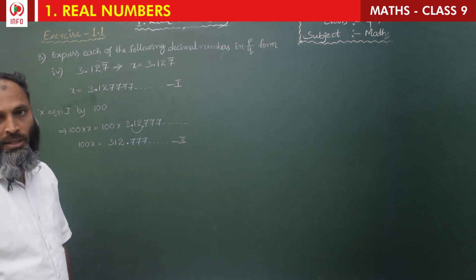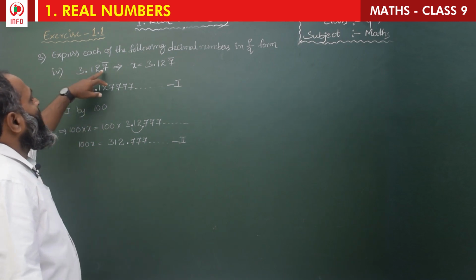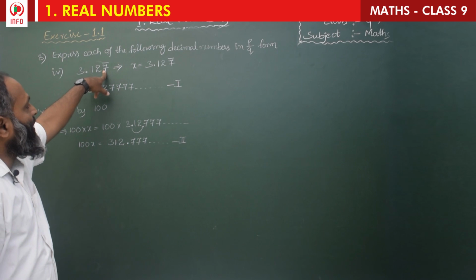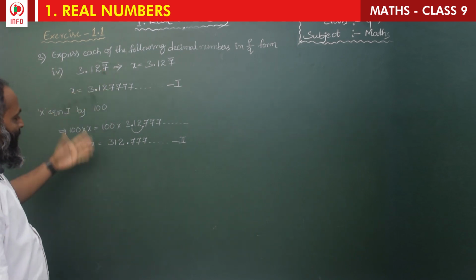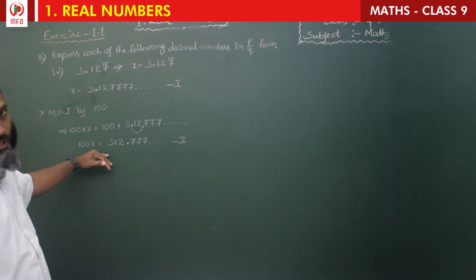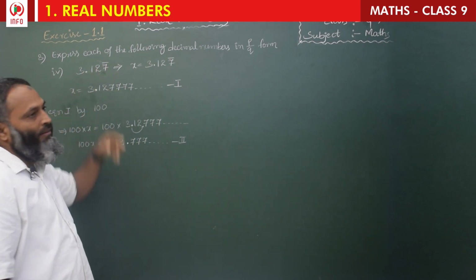Now after that, here on 1 digit we have a bar. So again we should multiply equation 2 with 10. Why? Because on 1 digit we have a bar.